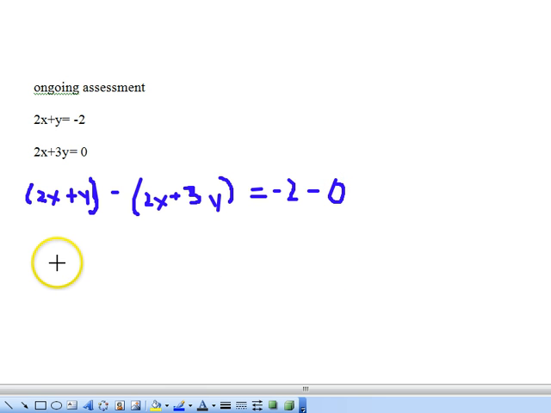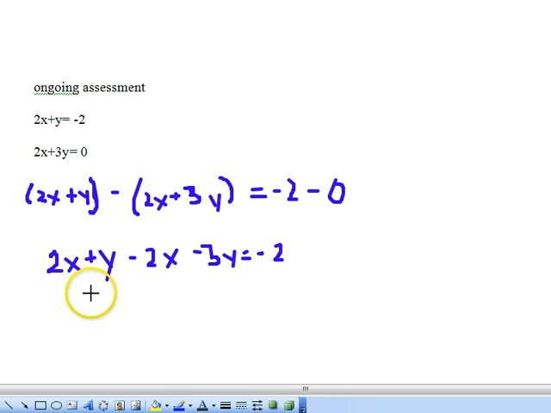All right. So now what we have here is 2x plus y, and we have to distribute this negative throughout these parentheses, so we get minus 2x minus 3y is equal to, we already know that negative 2 minus 0 is negative 2.